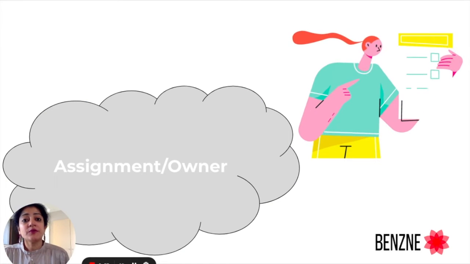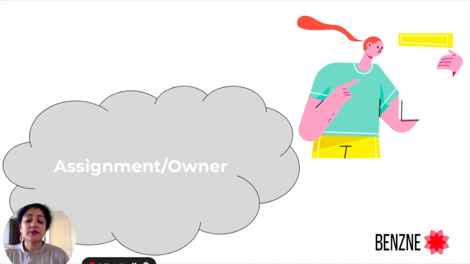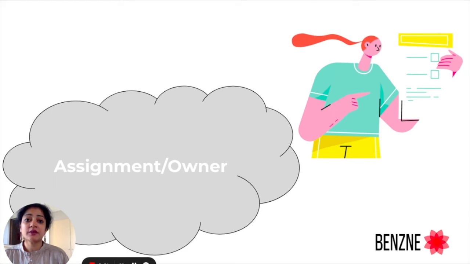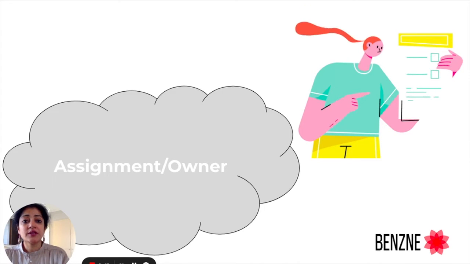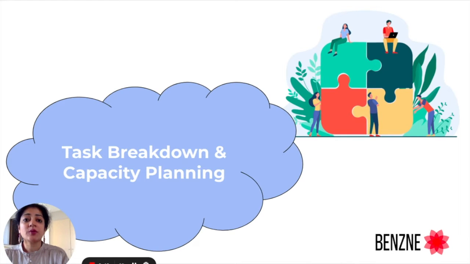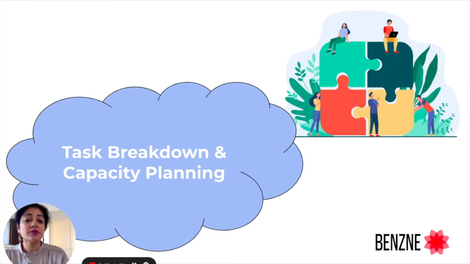The development team then goes about assigning the user stories to themselves by pulling them into their bucket. They take up the user stories and then start working upon the technical activities that go into developing them.